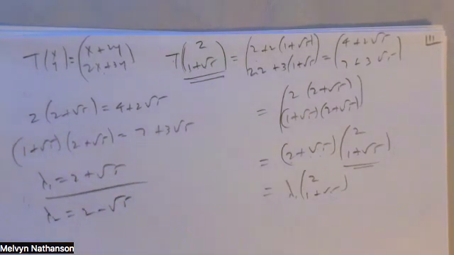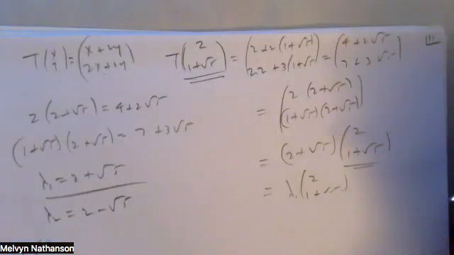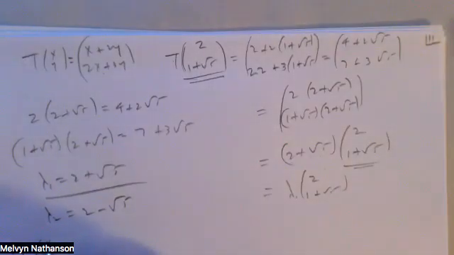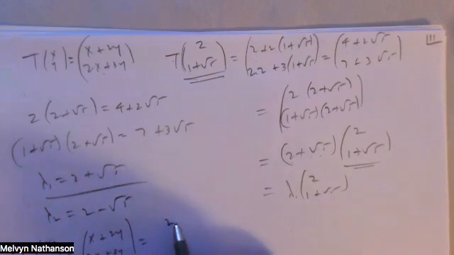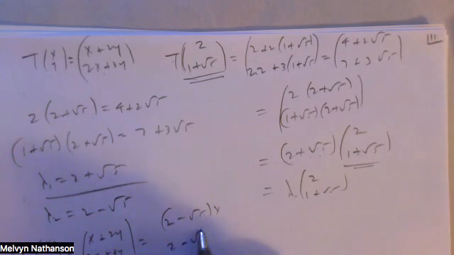So now I want to solve the equation T of xy, which is x plus 2y, 2x plus 3y, equals 2 minus root 5 times x, 2 minus root 5 times y.